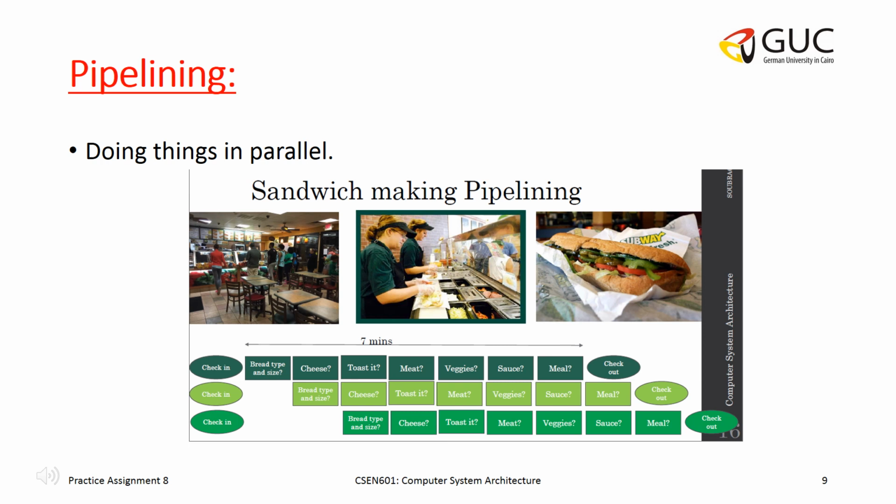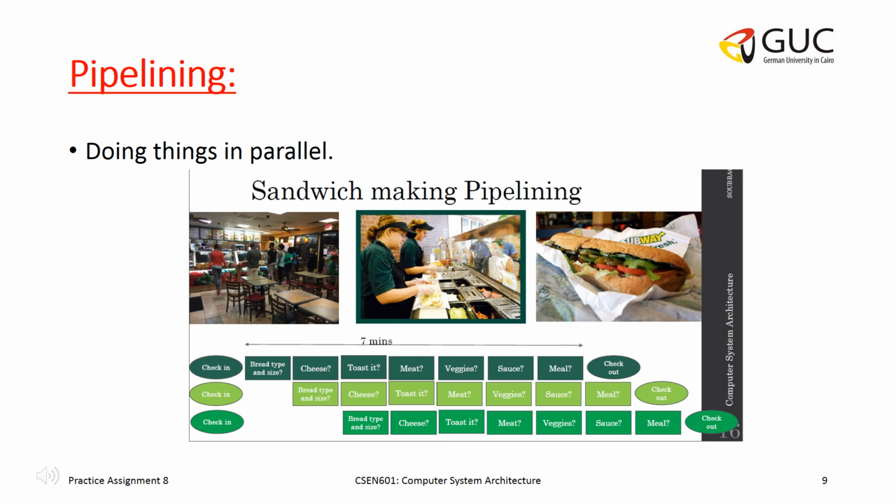Okay, so how do they do it? They have a guy standing on the bread type, and a guy on the type of cheese, and if you want to toast it or not, and then what type of meat you want, chicken or beef or tuna or whatever, and then the vegetables you want, and then the sauce, and then if you wanted a meal or just a sandwich.